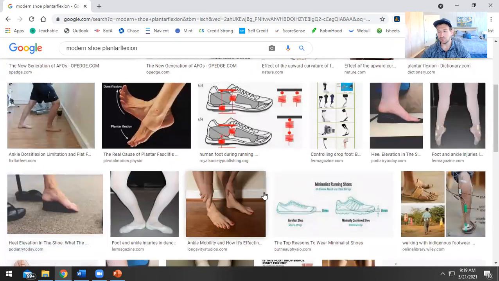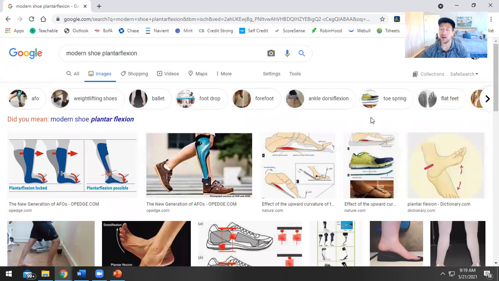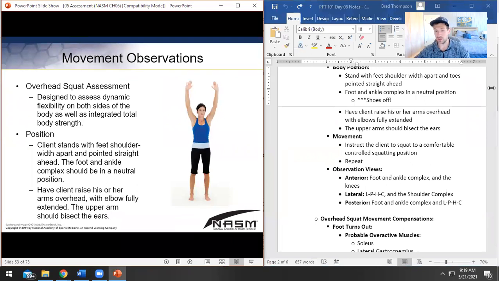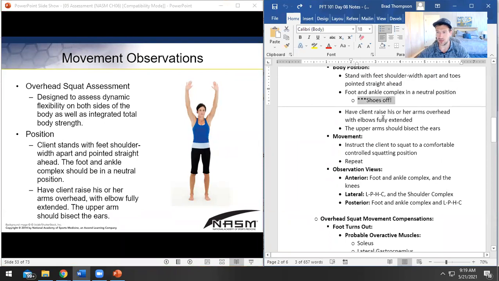But that means that you're not moving the way you're intended. So if we're trying to measure someone's ideal squat, we don't need to see them when they're getting help with plantar flexion. We want to see them in a neutral position. So always have your clients take their shoes off.